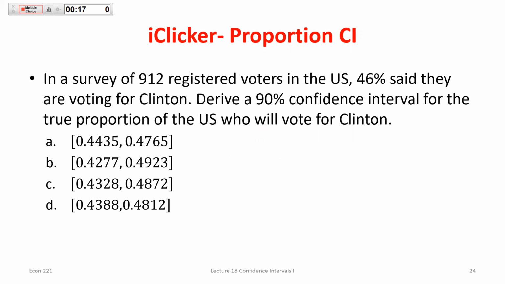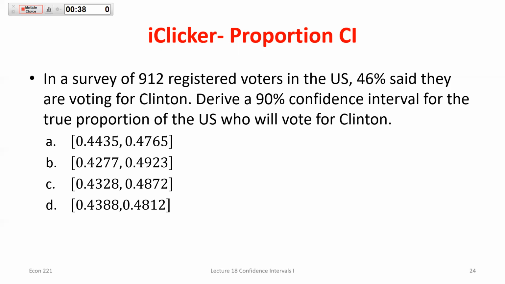If I wanted to derive a 90% confidence interval for the true proportion of people who would end up voting for Clinton, prior to the election, what would that be? So I've got a sample proportion here. It's told to me a little differently, but 46% would be a sample proportion of 0.46.